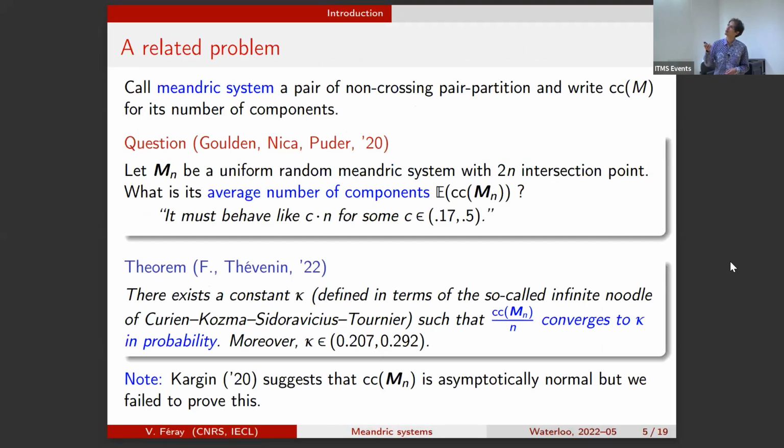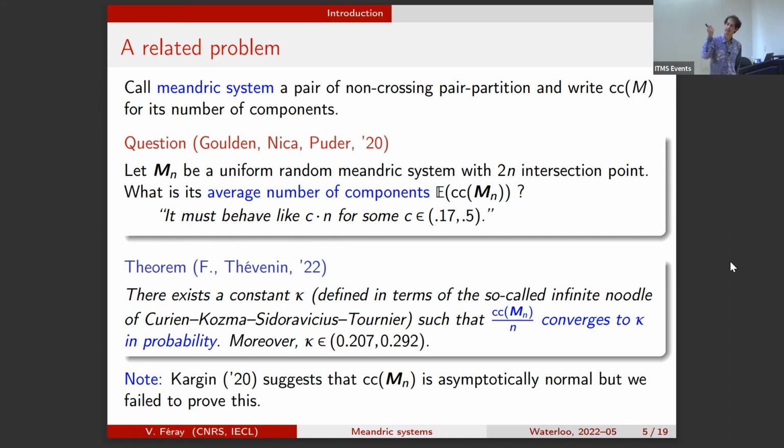He did some more numerical simulation, and the numerics suggest that this number of components is asymptotically normal with a variance which is also linear in n. And heuristically, our proof seems to suggest that also, but we cannot prove it.